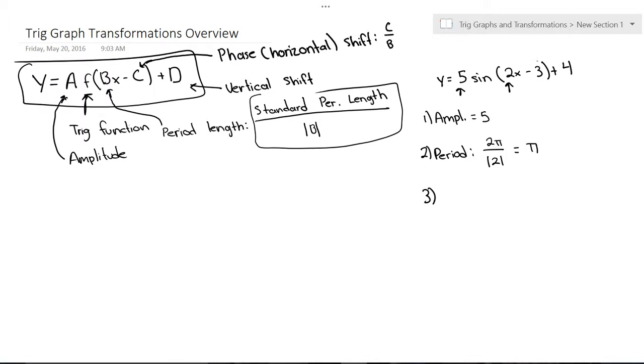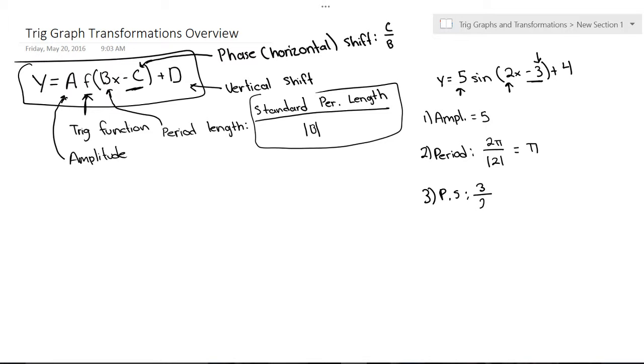And then we're going to take our c value and use that to figure out the phase shift. I'll label it ps, and that equals c divided by b. Remember that the formula calls for minus c, so the c value in this case is a positive 3. That's something a lot of people struggle with. So it's 3 divided by b, which is 2.